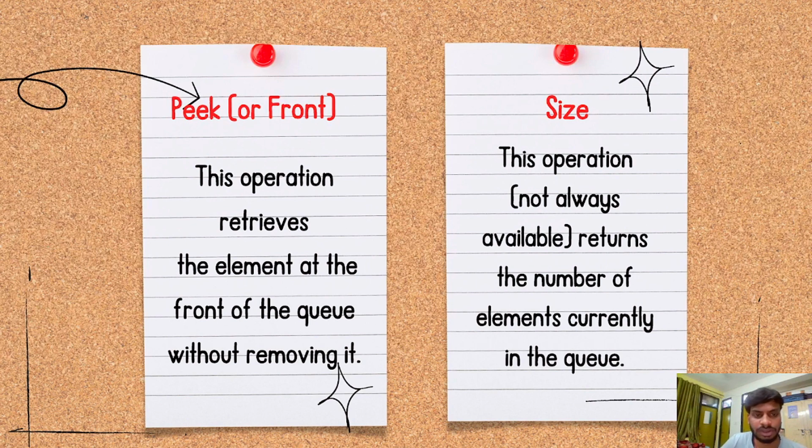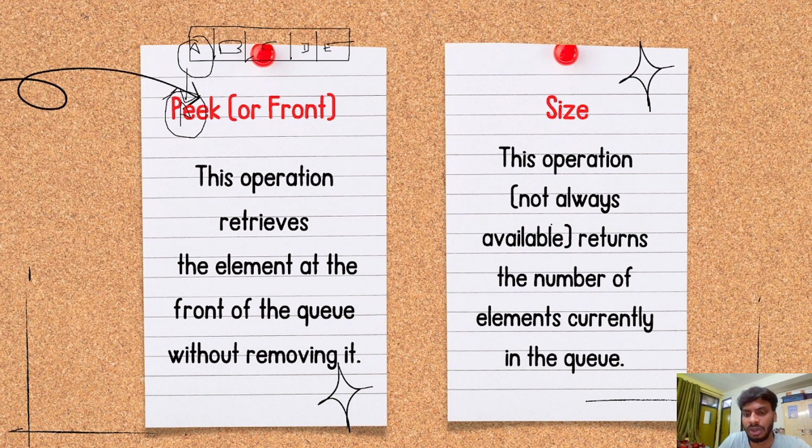Now the peek or the front. This operation retrieves the element at the front of the queue without removing it, which means that we can see the first element of the queue without removing it. Like we have 1, 2, A, B, C, D, and E. Now the front, the first element of the queue, is A, so we can easily peek or see it without removing the A. Now the next operation is size.